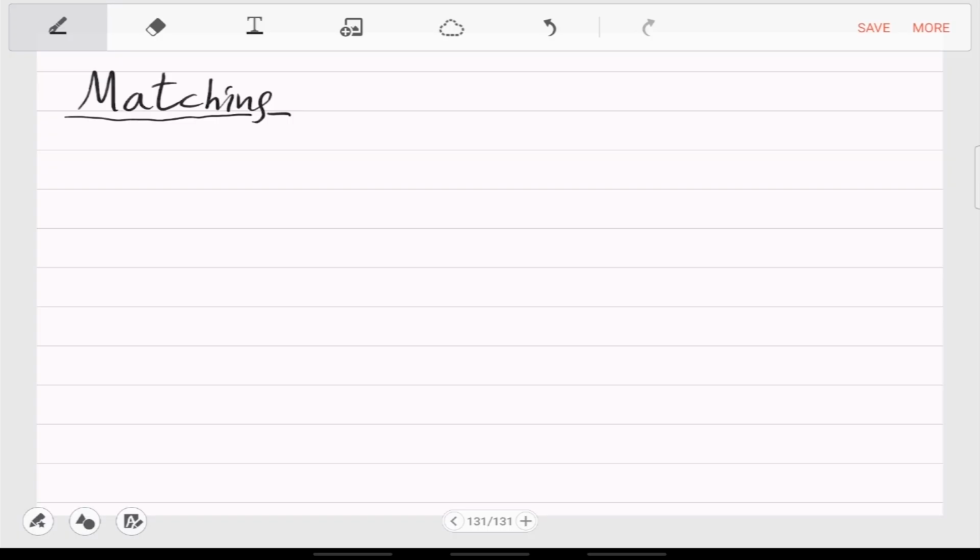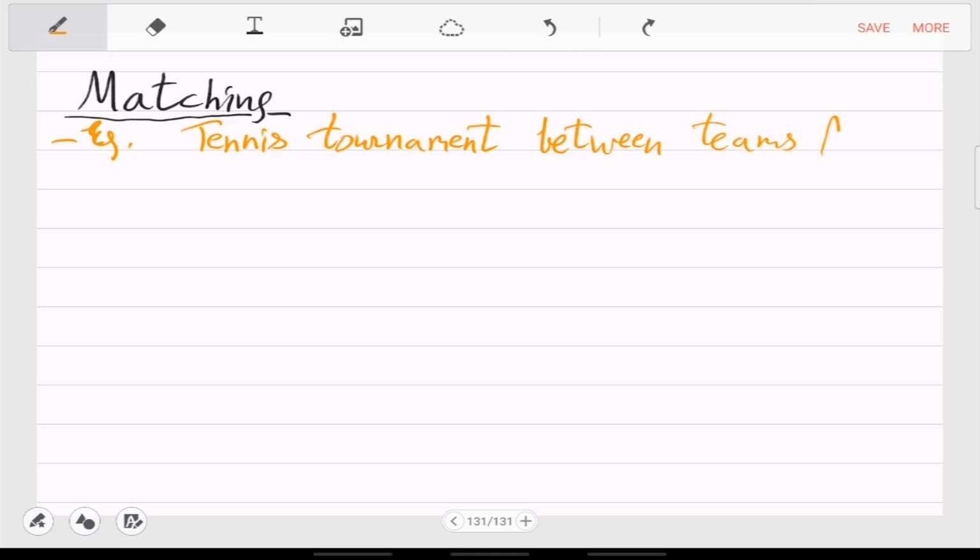So what is this object? So we start with an obvious example, which is, suppose you have two teams A and B. You want to have a tennis tournament between teams A and B. So A has some n members and B has some n members, and so a member from A will be played against some member in B. Members in this tournament are ranked by their level or by their expertise.